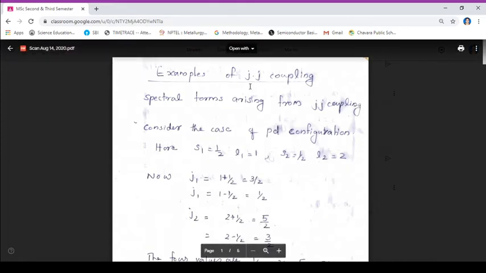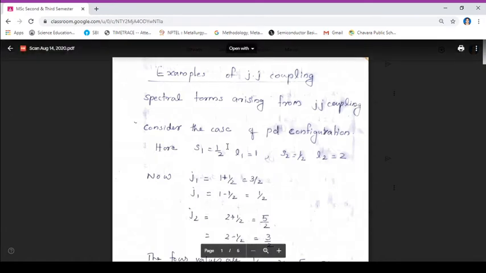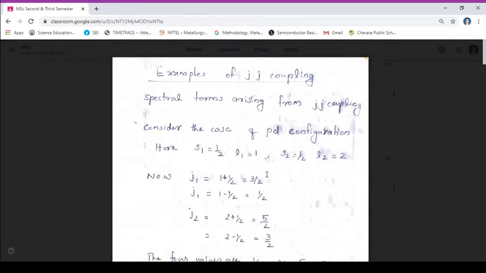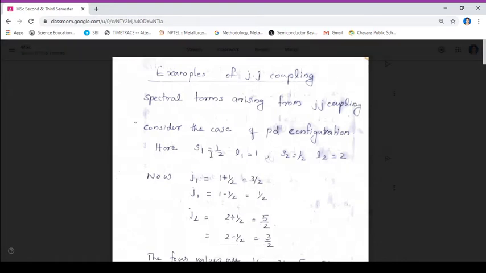Now as per JJ coupling, S1 and L1 should combine to give a J1, and S2 and L2 combine to give a J2. Then this J1 and J2 couple to give the resultant J value. So here J1, corresponding to S1 equal to half, L1 equal to 1, has two possible values, 3 by 2 and 1 by 2.